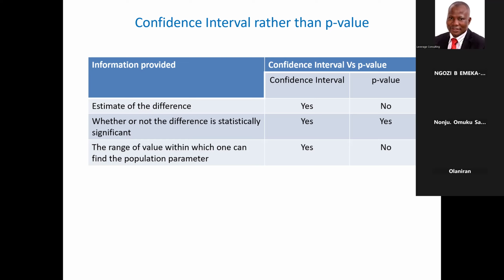They say it started with agricultural research in the early 90s when they just dichotomized studies into significant and not significant. So you see the reason they say that. Because the p-value just tells you that this is significant, this is not significant.